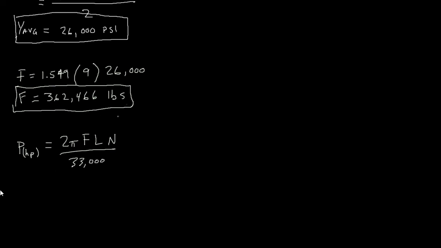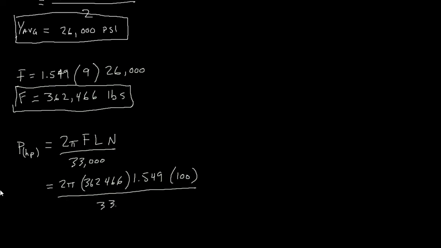Again, we have all of our information. So we'll do 2 pi times 362,466 times 1.549 times 100, all divided by 33,000.